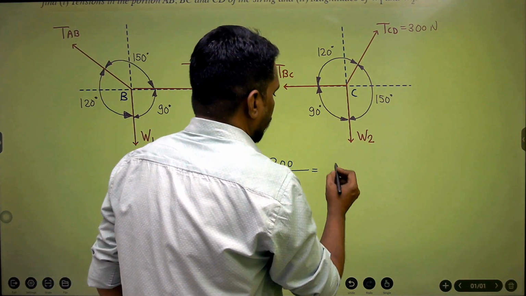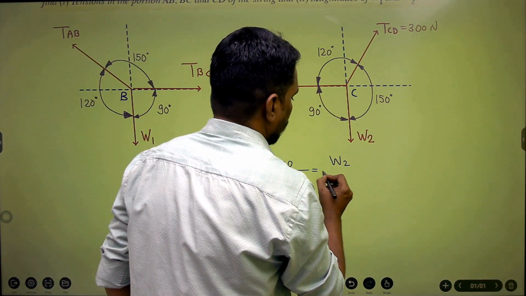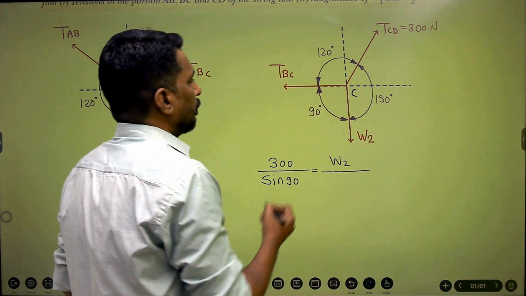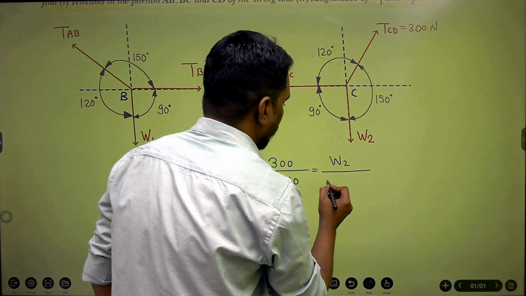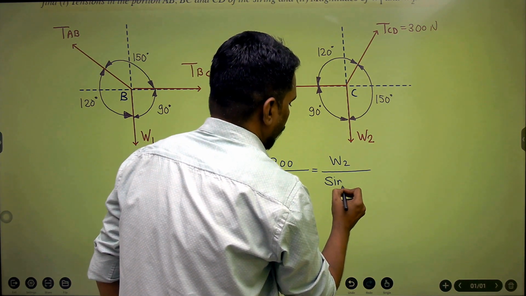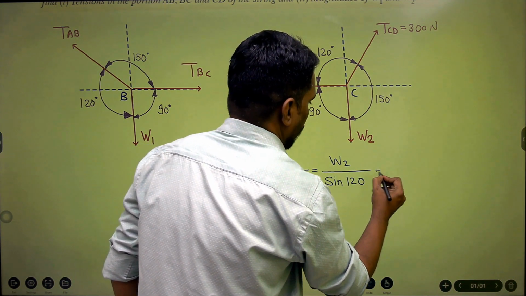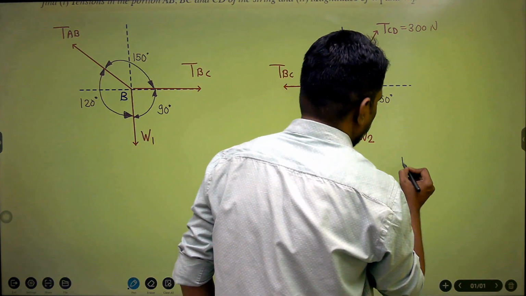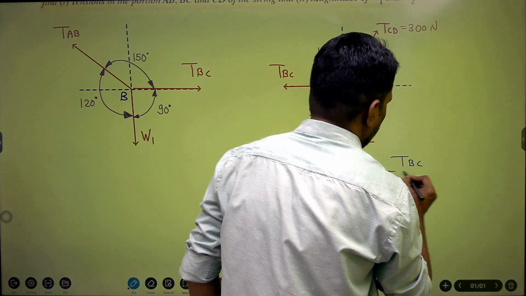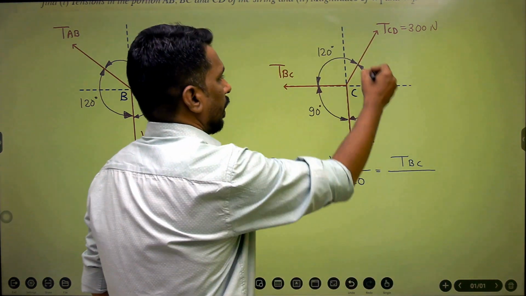Then if I consider W2, then the other two forces are TBC and TCD, so the angle between them is 120, so sine of 120, and finally TBC, so TBC upon sine of 150.